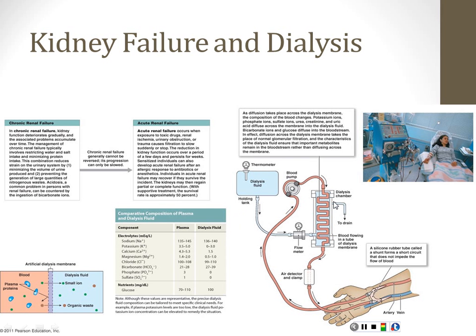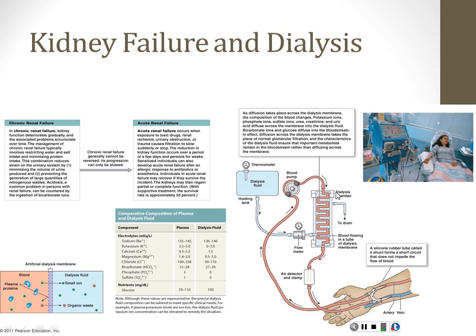But anyway, this tube allows water to pass, it allows small molecules to pass, but it doesn't allow large molecules to pass. So as the blood passes through this fluid surrounding it in this special tube, the small molecules exchange, they go across, while the large molecules like blood cells and proteins stay in here.